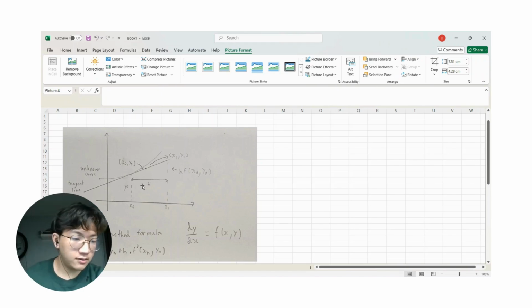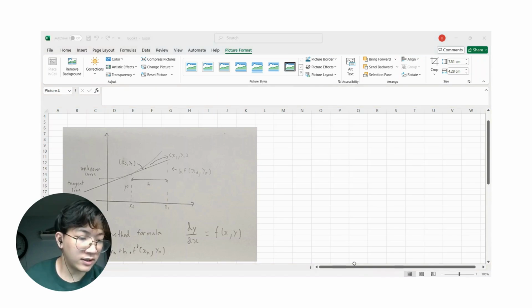To estimate the next value of y, we use the formula y(n+1) = yn + h times f(xn, yn). This formula is derived from the rise over run slope and gives us an approximation for the next point. We repeat the same process to get further values. As the step size decreases, the approximation becomes more accurate.